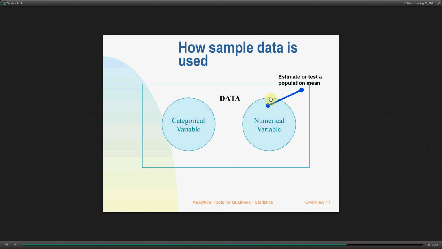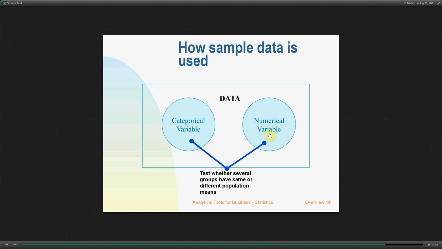If we had numerical data, it doesn't make sense to look at proportions of things. We might be interested in looking at the population mean, and we might use the sample to make a hypothesis test about the population mean, or what we call the average. If we have a relationship between categorical variables, we might look at a test to see whether there's a relationship between them, and that would be looking at the proportions, because proportions are the statistics that make sense for categorical variables.